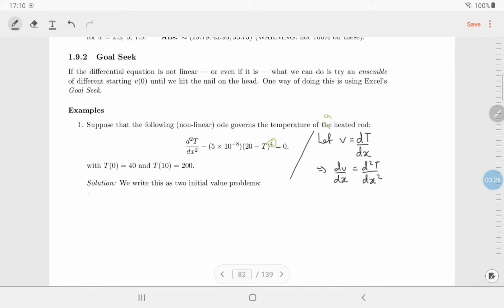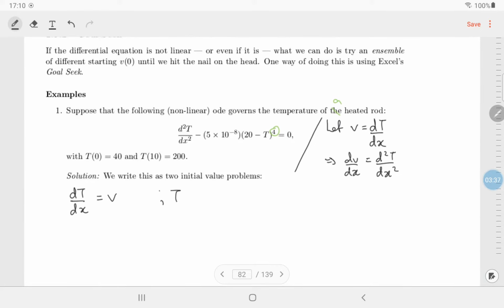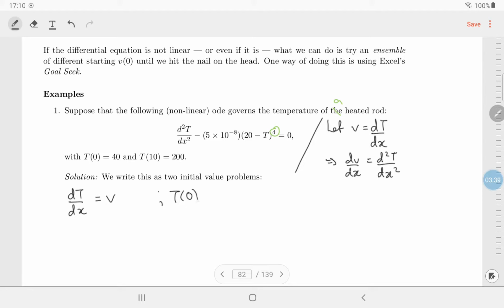So I can say the differential equation for T is dT/dx equal to v, and we put the initial value of T there: T of 0 is equal to 40. And then, as I said, add this to both sides and understand that the second derivative of temperature is dv/dx.